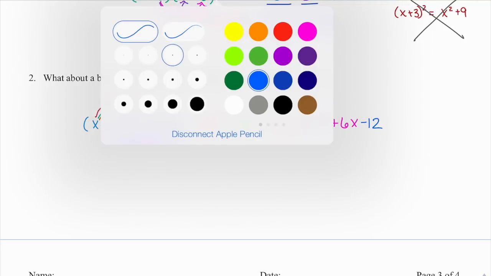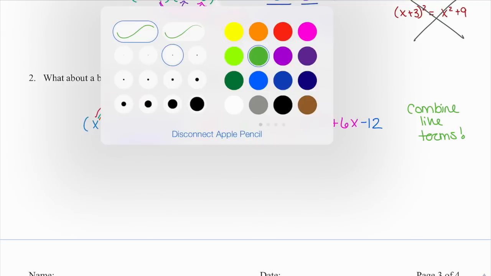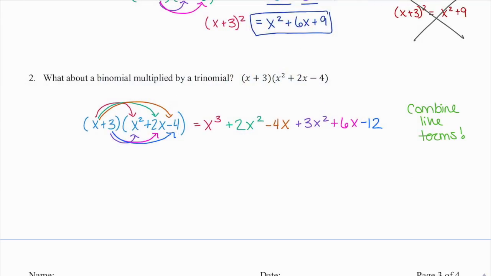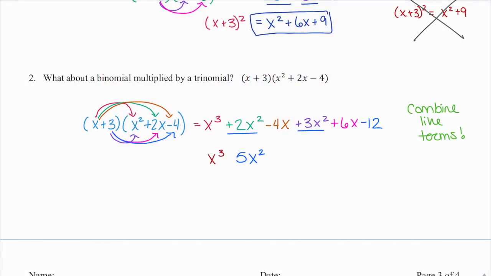Combine like terms. Make sure to combine like terms. So I've got 2x squared and 3x squared is 5x squared. Your x to the third did not change.